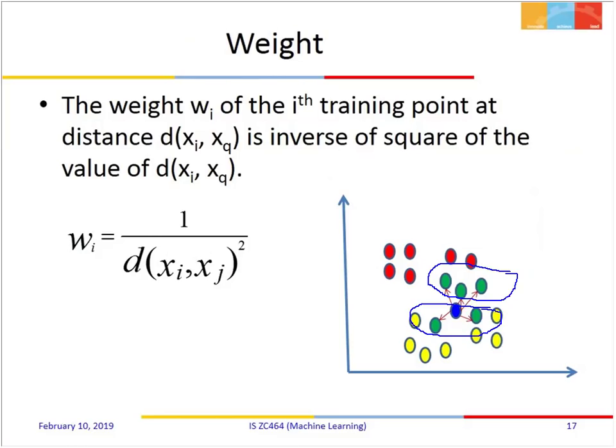So we are defining the weight for each point to be considered for the class assignment using this inverse relation with the distance. So d of xi, xj square is taken as the weight. Its inverse is taken as the weight.